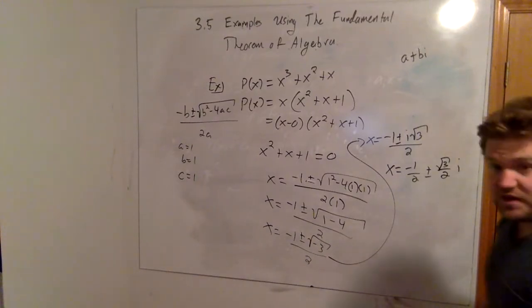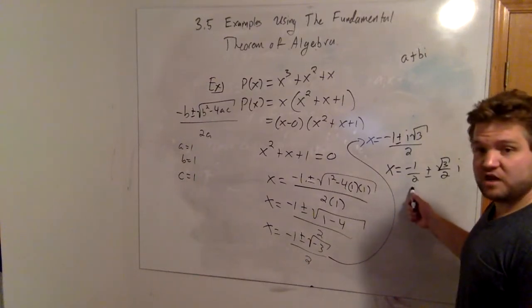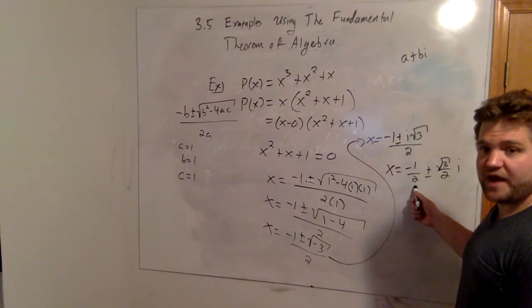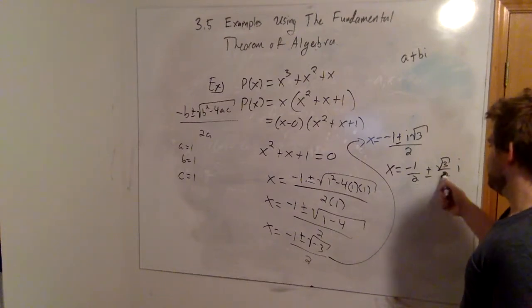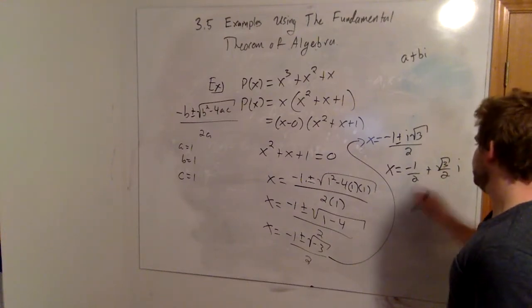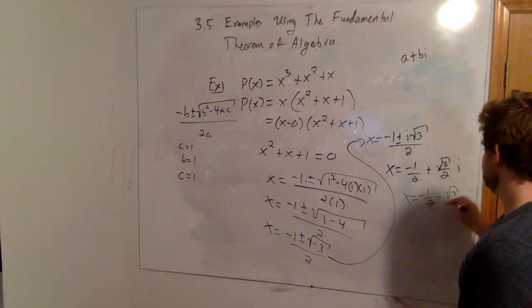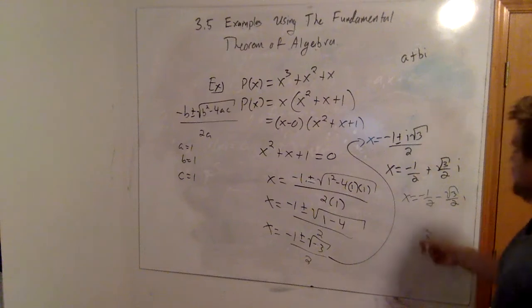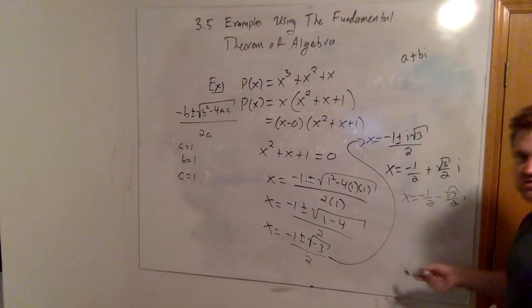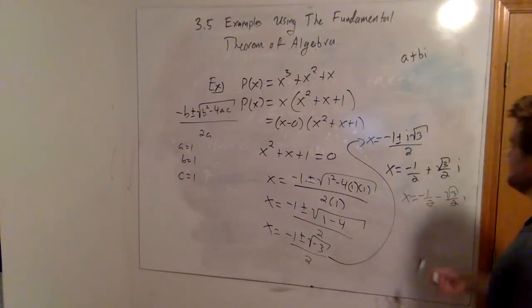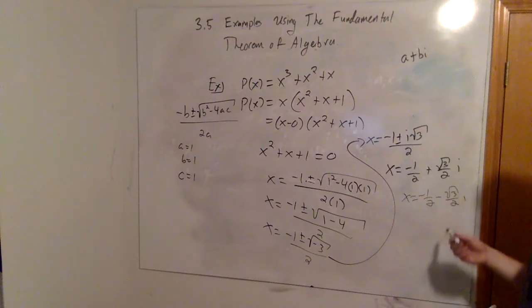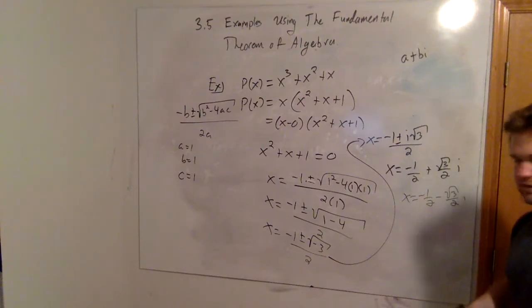So what I can see is that the real part of this complex number is negative 1/2. Now, I have 2: I have the plus version, and I have the negative version. The real part of both of these numbers is negative 1/2, and the imaginary part for the first one is root 3 over 2, and the imaginary part is negative root 3 over 2 for the second one.